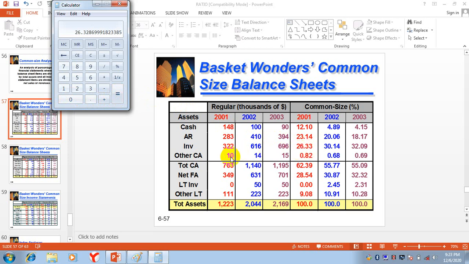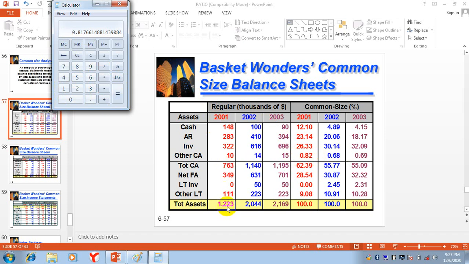Then this, 10 divided by 1223 multiplied by 100. So check out, 0.817. They round it up, so 0.82, this one.